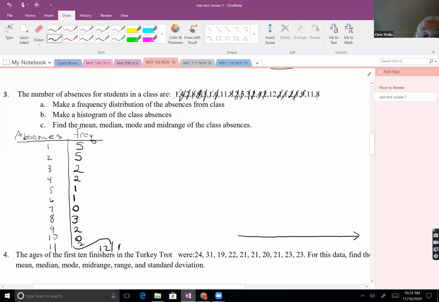Histogram. Need a title. Label, this would be the number of absences. This would be my frequency.